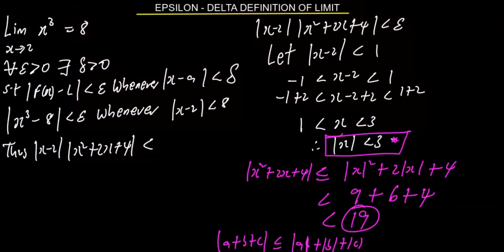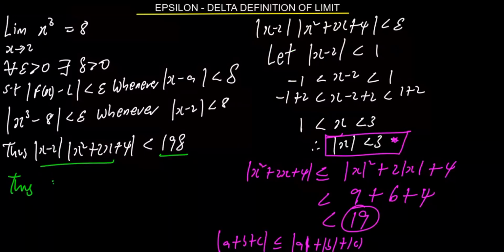It means that, remember, absolute value of x minus 2 is less than what? Delta. Then this one I have established that it is less than what? 19. So I have this to be less than 19 delta. So therefore, this one is less than 19 delta. Also, this is less than epsilon.